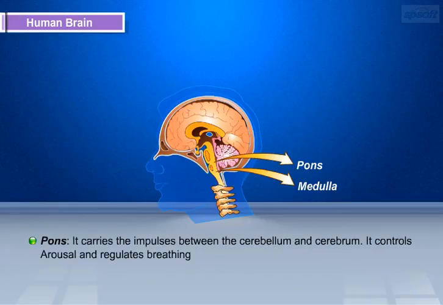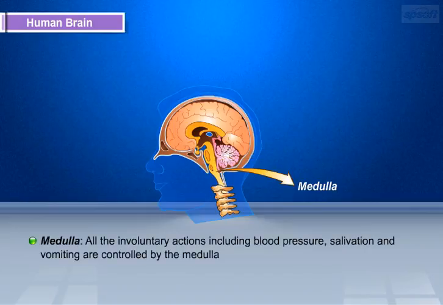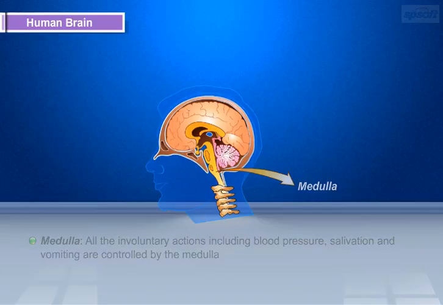Pons. It carries the impulses between the cerebellum and cerebrum. It controls arousal and regulates breathing, that is, it regulates respiration. Medulla. All the involuntary actions, including blood pressure, salivation, and vomiting, are controlled by the medulla.